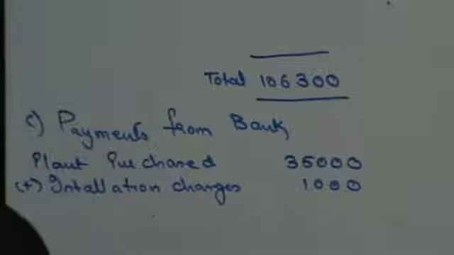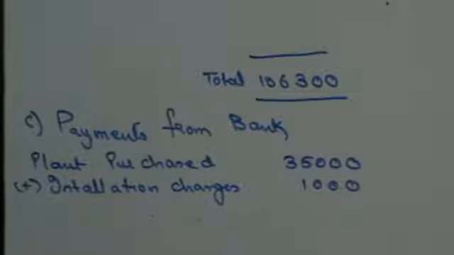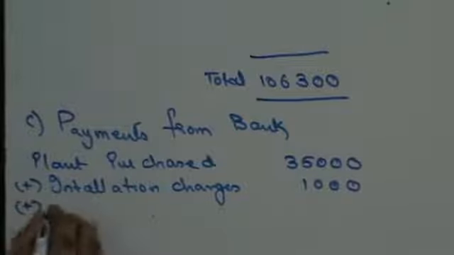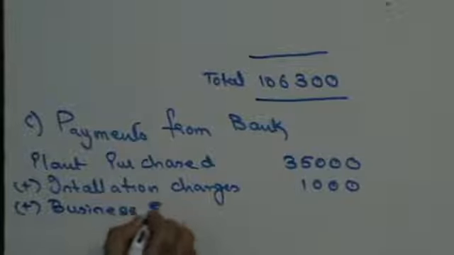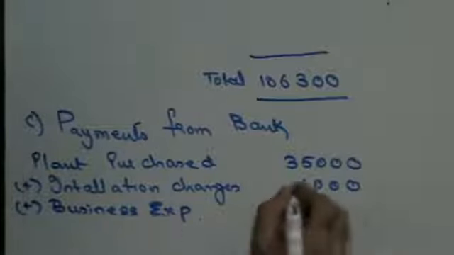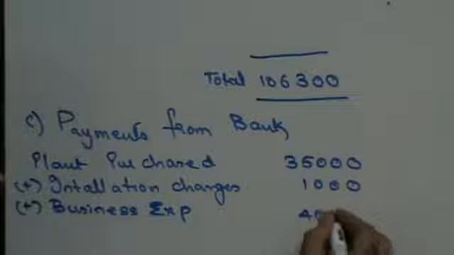Right? Next, other business expenses were paid up to the date of the fire, 4,000. He paid business expenses which amounted to rupees 4,000.